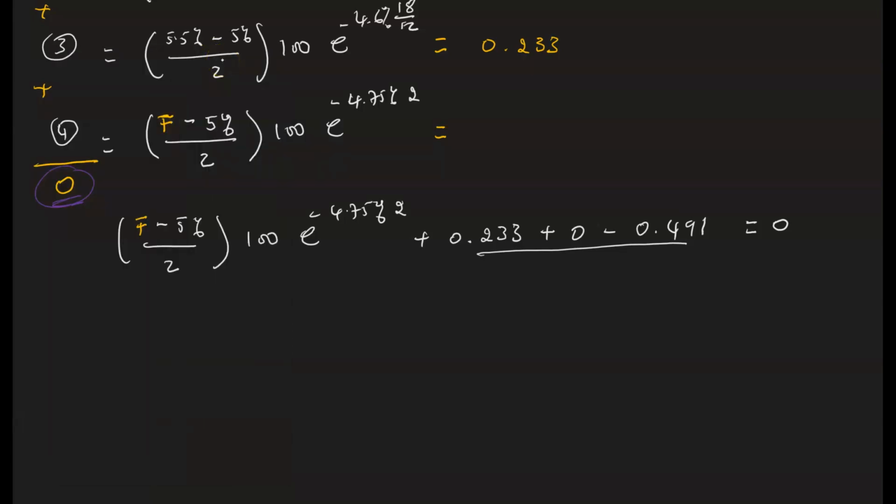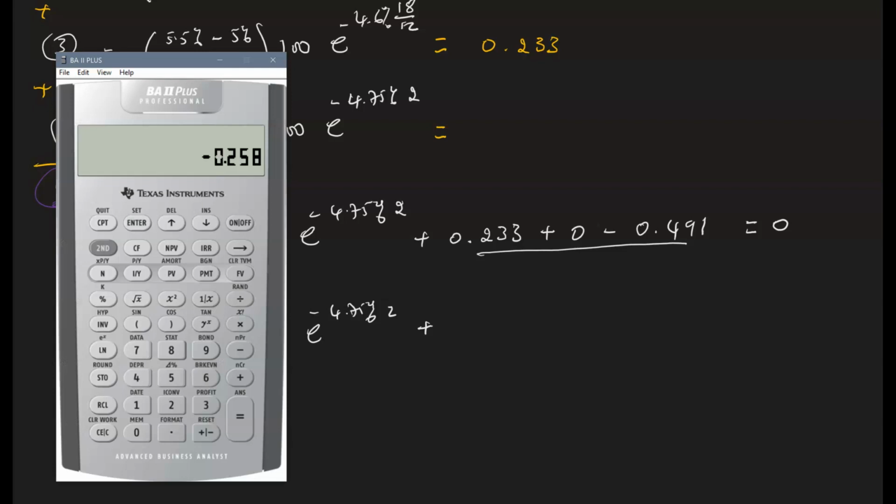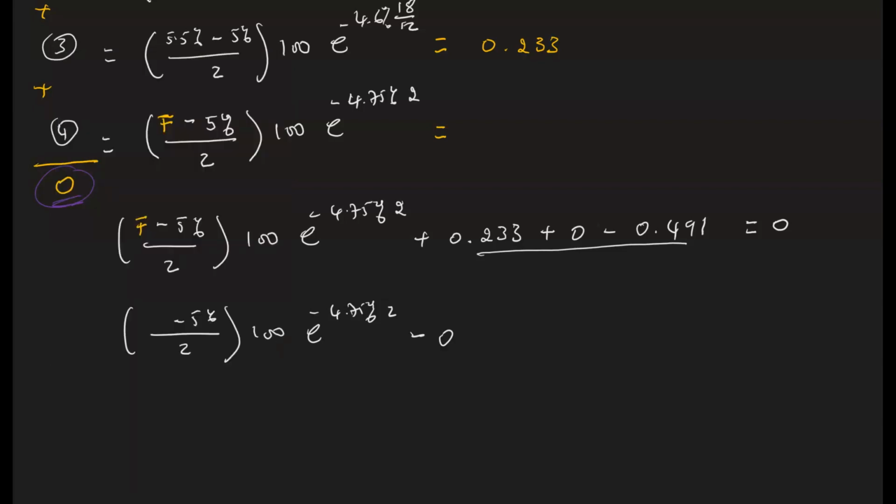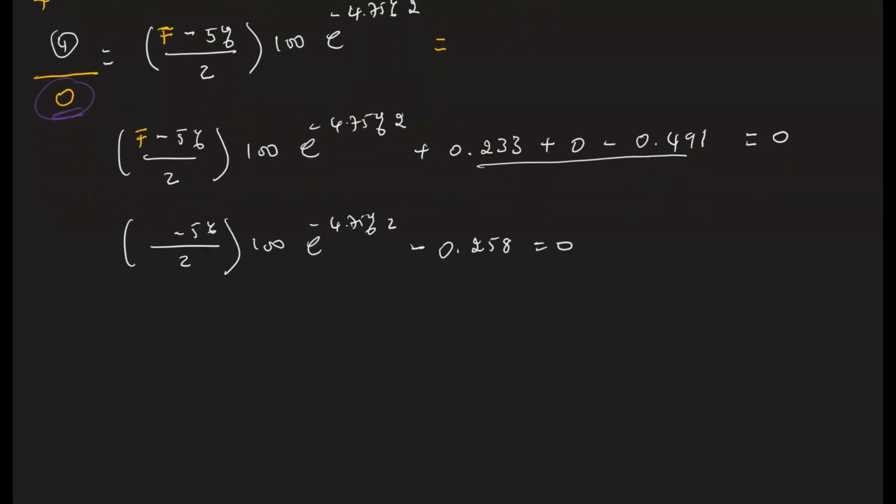So we're going to do minus 5% divided by 2, 100, exponential of minus 4.75% times 2, plus, is it a plus or a minus? I think it's a minus, minus 0.258 is equal to 0. So that term there is going to be equal to, and remember we have our forward rate here still. And so we can simply continue to solve.